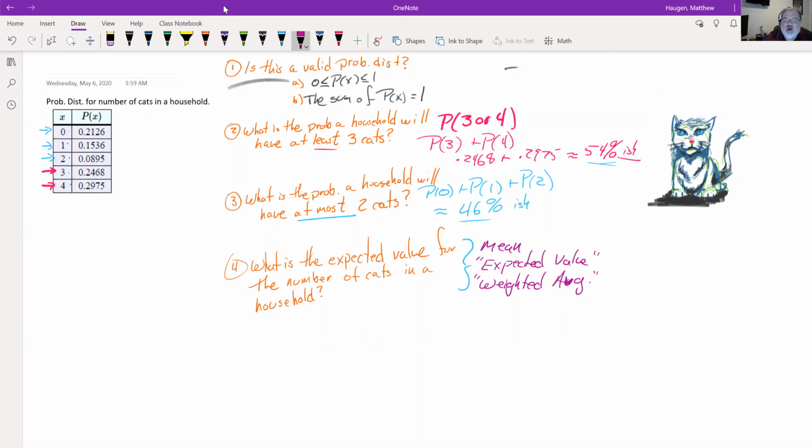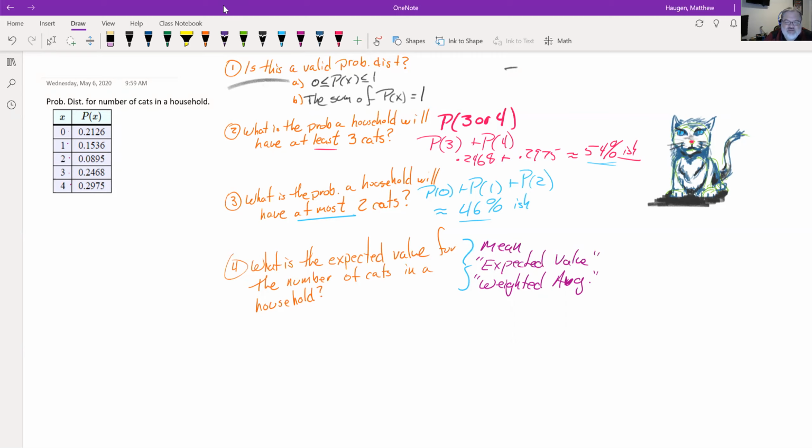That wouldn't be taking into account the fact that there are a lot more 4s than there are 2s, and a lot more 0s than there are 1s. So if we just average those values, we would lose the fact that the probabilities are different.